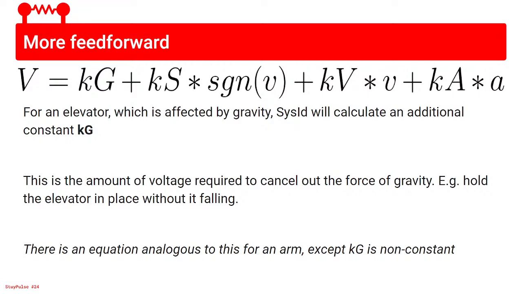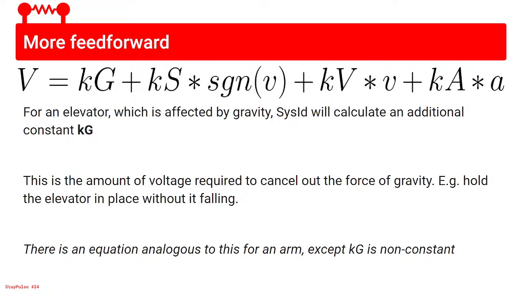If you had nothing else in this equation but kg, you're always feeding kg to the motor that's controlling the elevator, and the elevator will never sink, right? It'll hold its position, which is really useful when you add on all the other terms, because all these other terms are describing the motion of the elevator. So if you can cancel out that falling, you can have accurate motion on your elevator, as if there was no gravity.